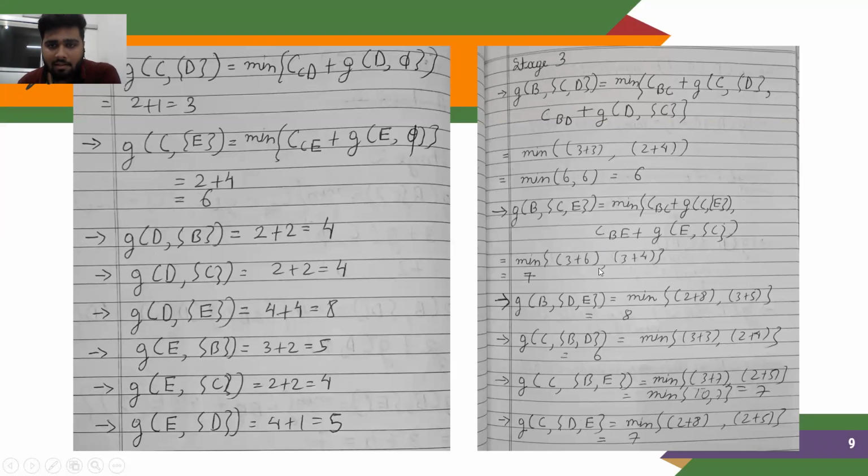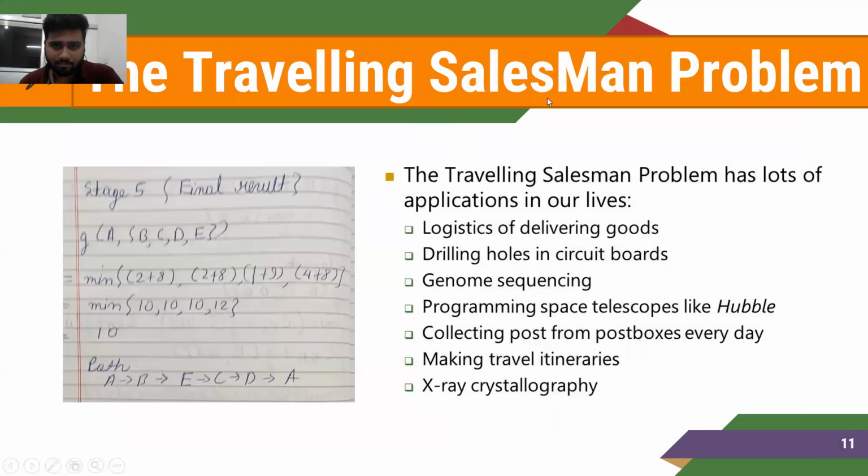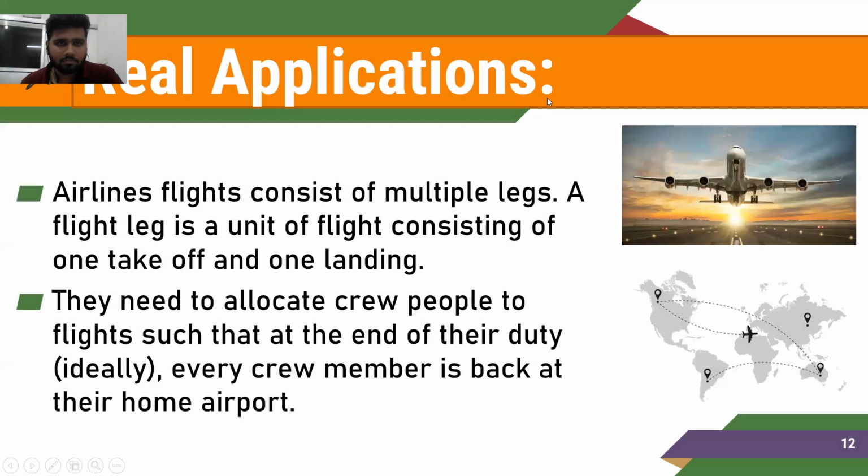Now we will take the minimum value from this, the minimum value from this, the minimum value from this, and the minimum value from this. Let me explain how we are comparing these values to the formula.